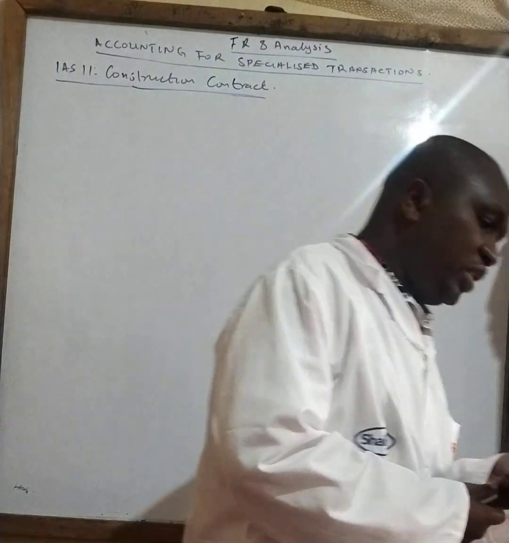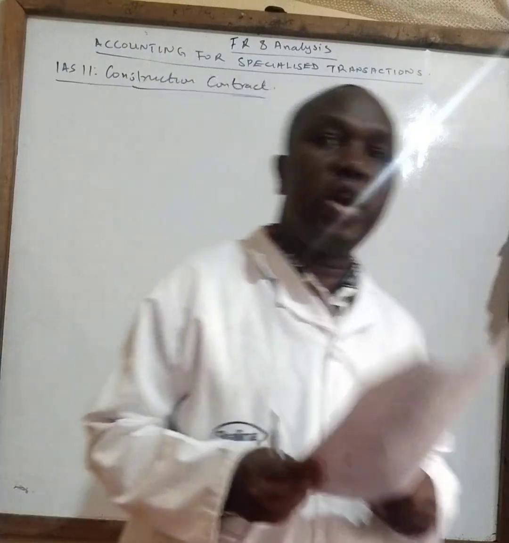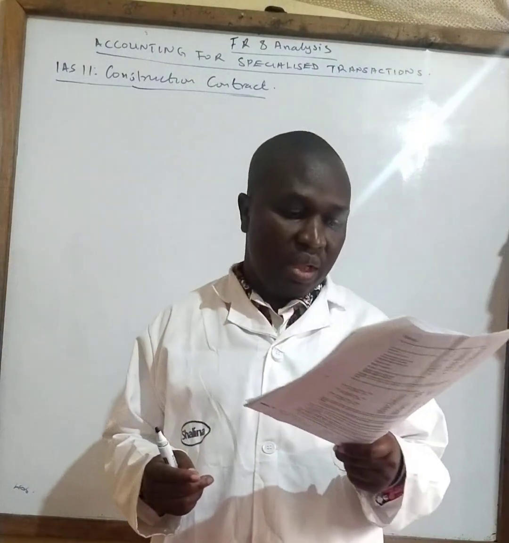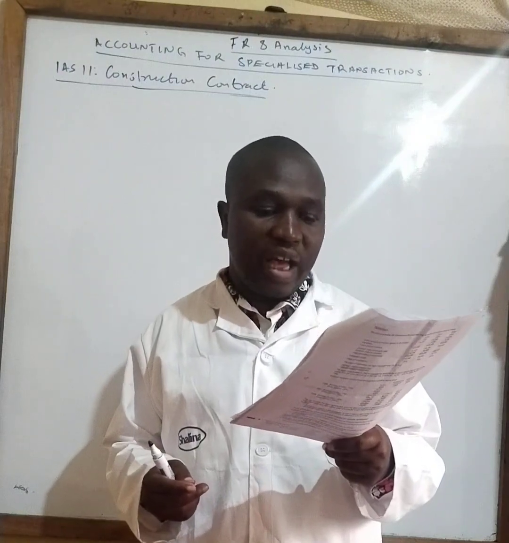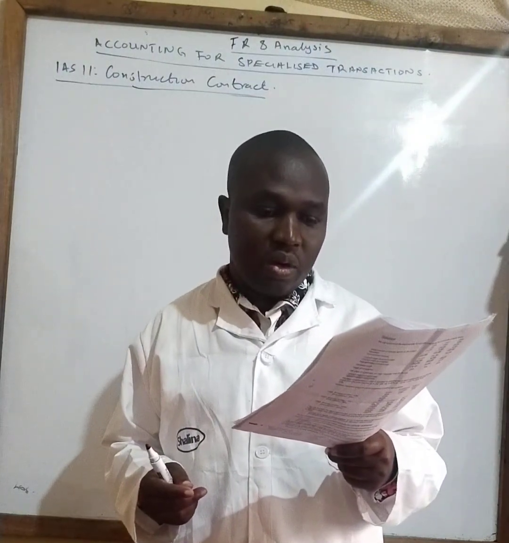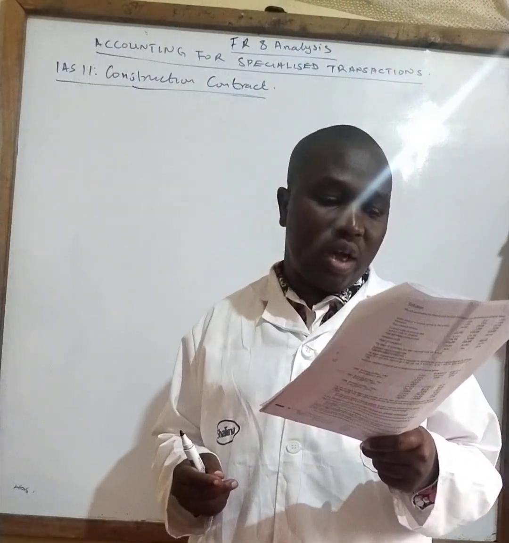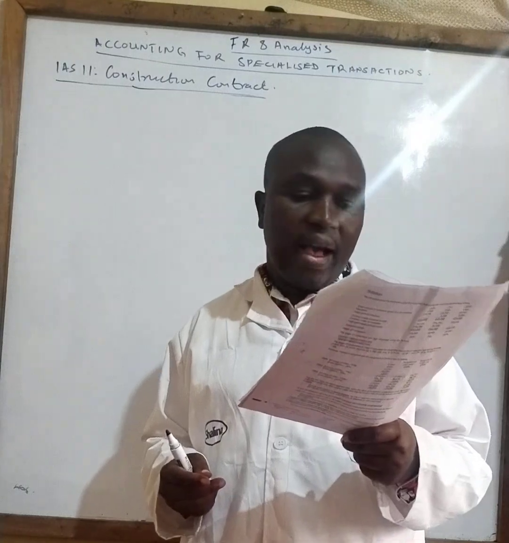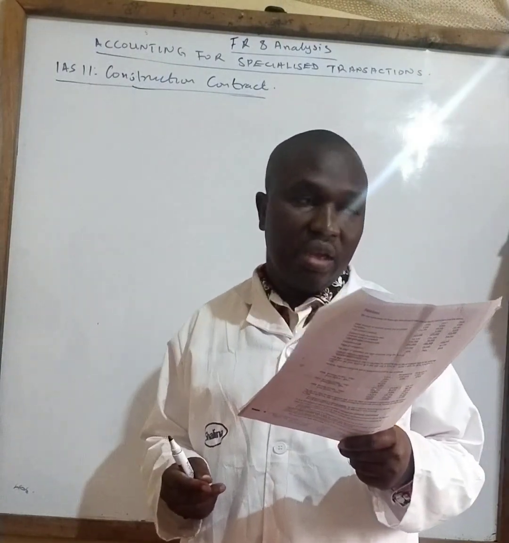Okay? So let's see. First, we have to ensure that we get the points right from the question. Centerpoint Company have a fixed price cost to build a tower block. Correct? The initial amount of revenue agreed is 220 million. At the beginning of the contract on 1st January 2026, the initial contract cost is given there.